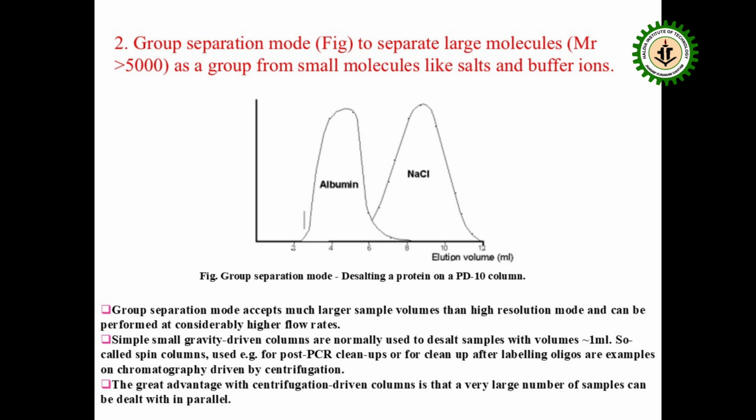Here you see albumin and NaCl. That means the albumin protein is dissolved in NaCl. This is how albumin can be desalted from NaCl. The group separation mode accepts much larger sample volume than the high resolution mode and can be performed at considerably higher flow rates.